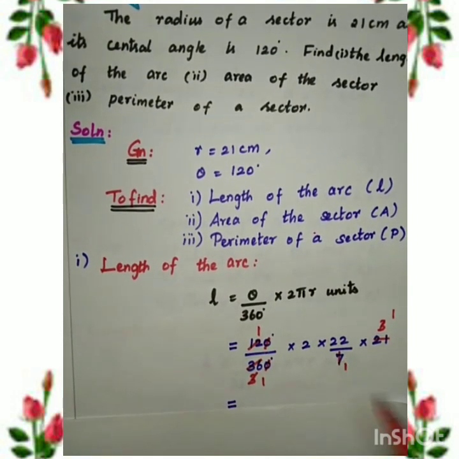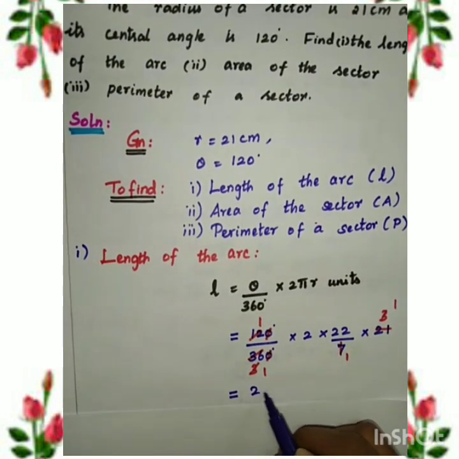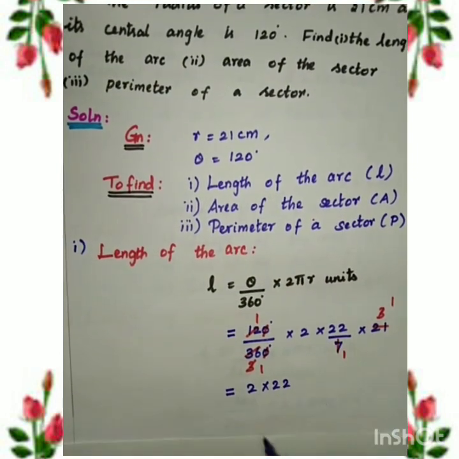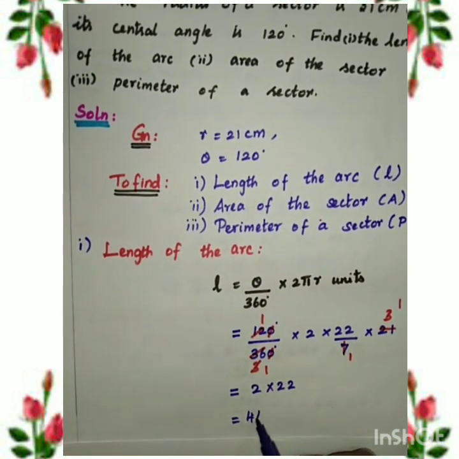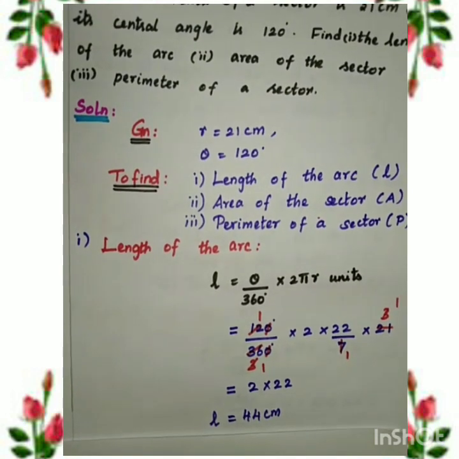So the remaining values in the numerator is 2 into 22, that is 44 centimeter. So length of the arc is 44 centimeter.